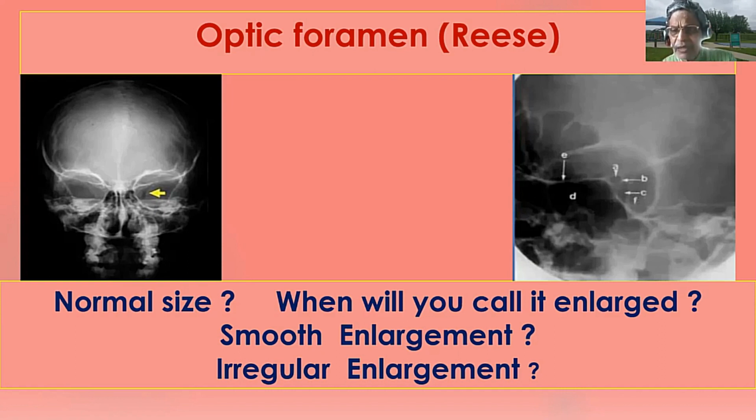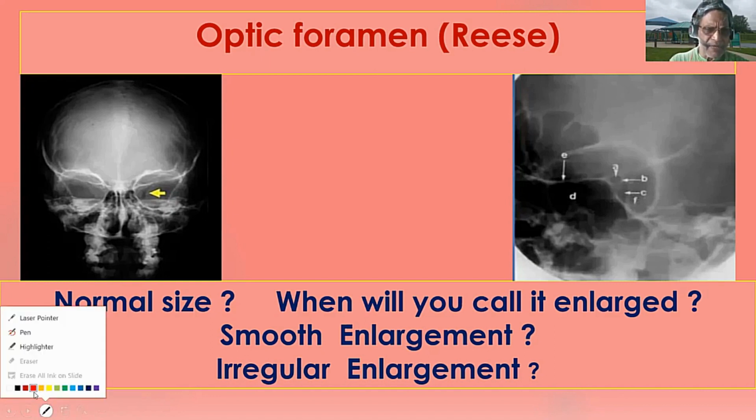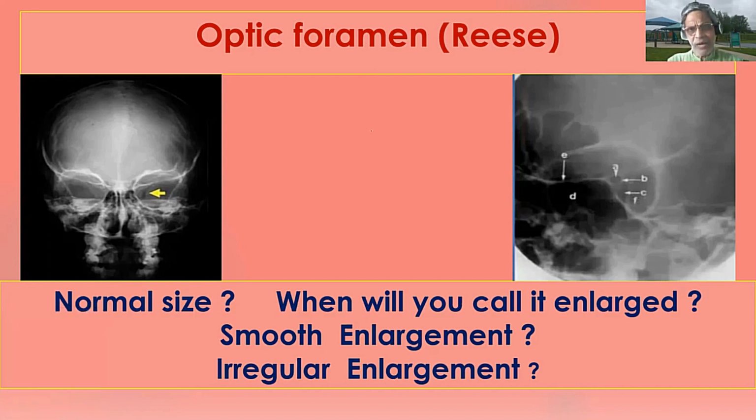Optic foramen is this. Now, what's the normal size of the optic foramen in X-ray? They will ask you, what is the normal size of optic foramen in X-ray? Exam question again. Your answer, sir, approximately 4 to 6 millimeters, sir, average. Your answer should be 4 to 6 millimeter.